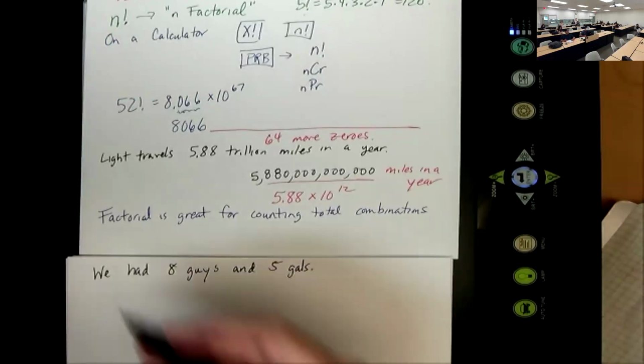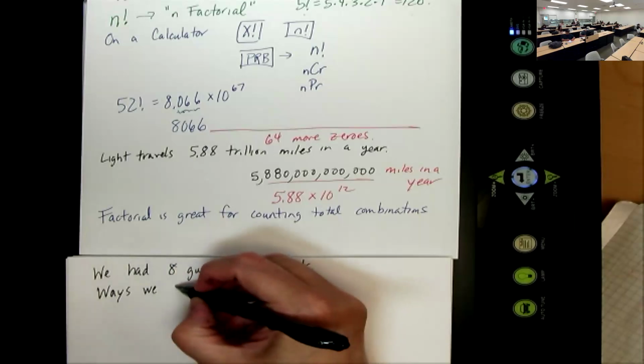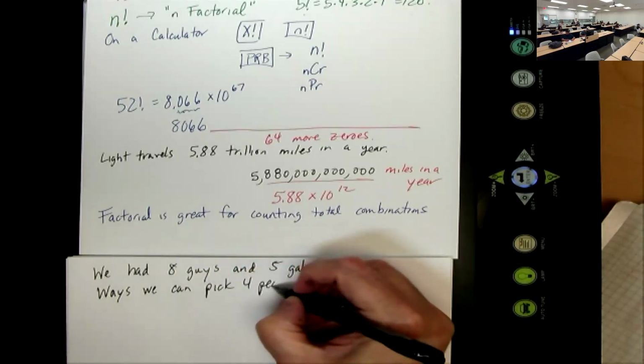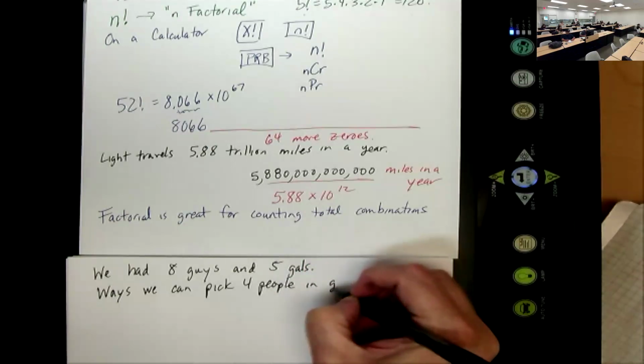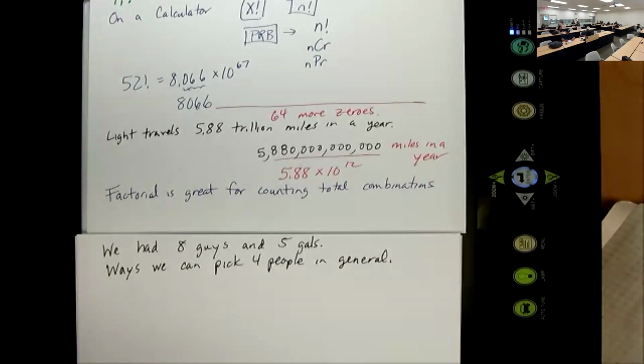Let's just look at the ways we can pick 4 people in general. Like we put everybody's name in a hat and drew out of a hat.